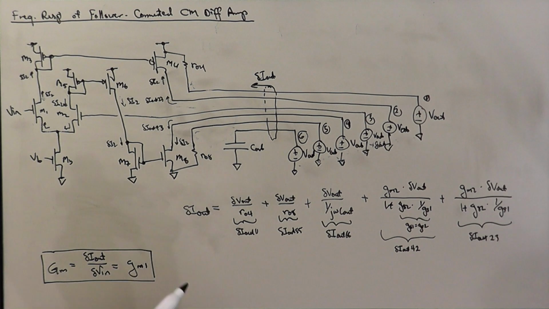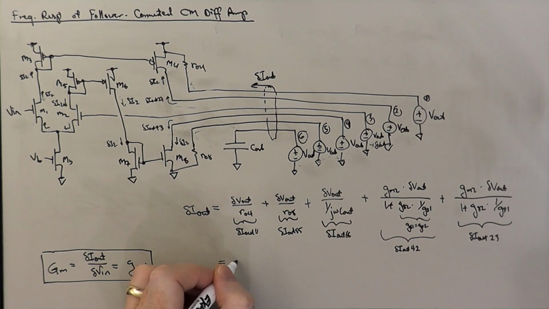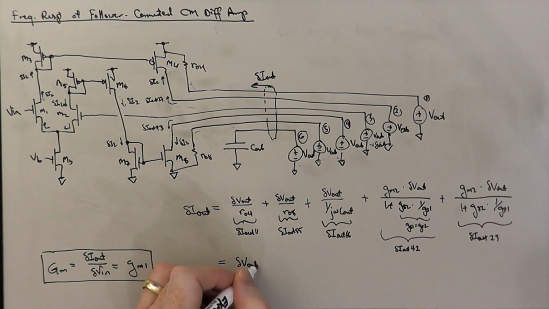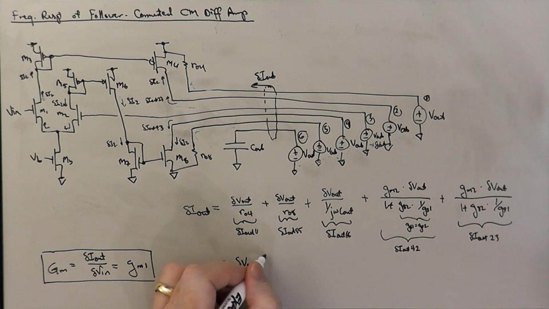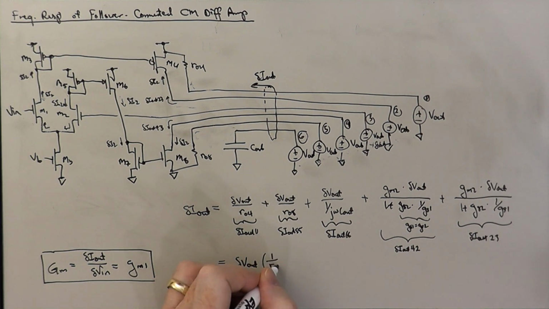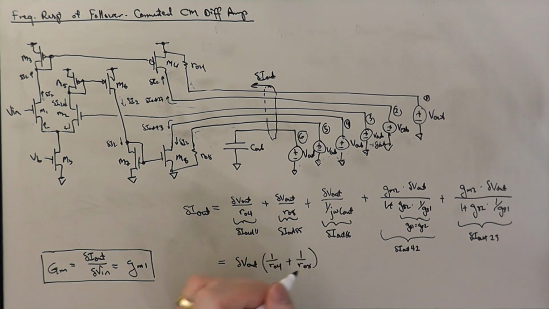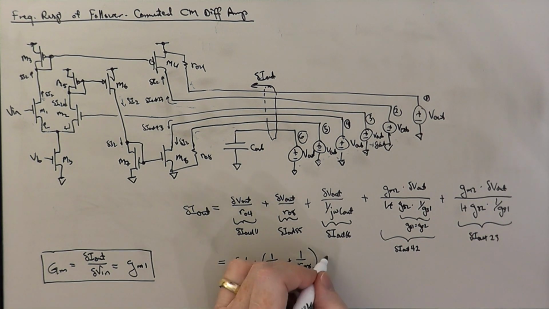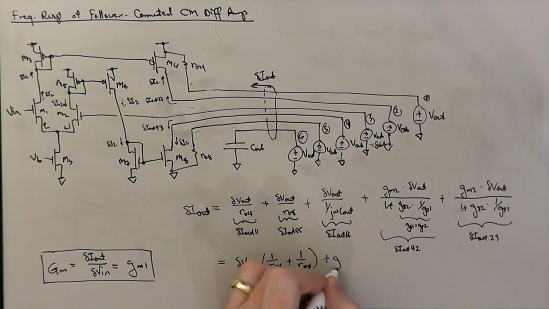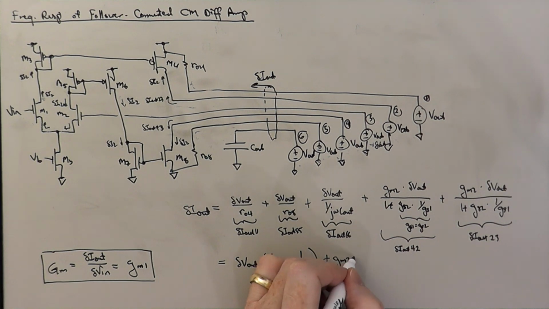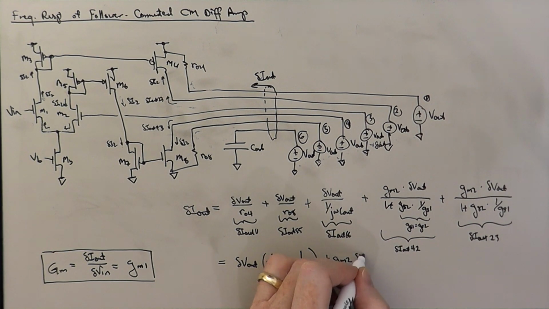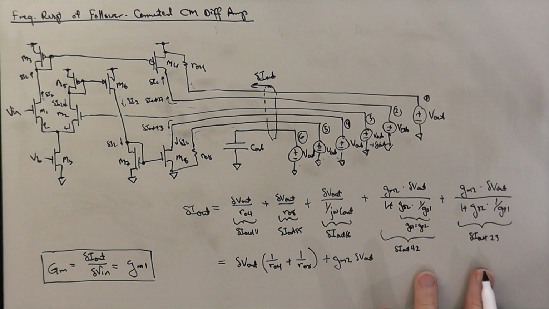Okay? And so we can group these things in the following way. We can factor out the delta V out from the first two terms, and we have 1 over RO4 plus 1 over RO8. And then we have a GM2 delta V out, which accounts for the last two terms.